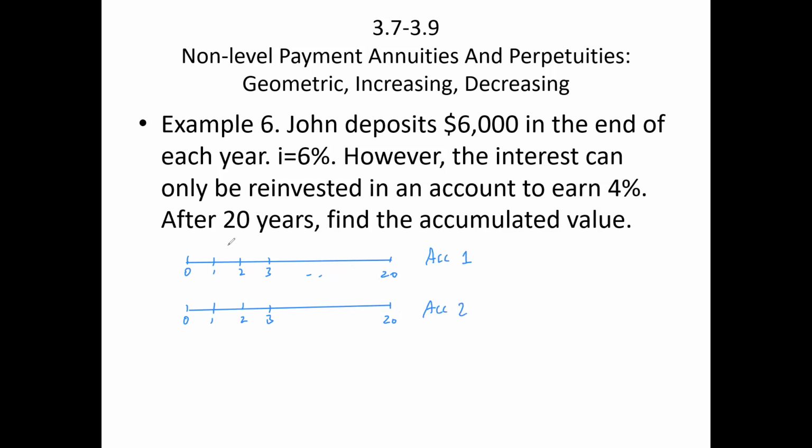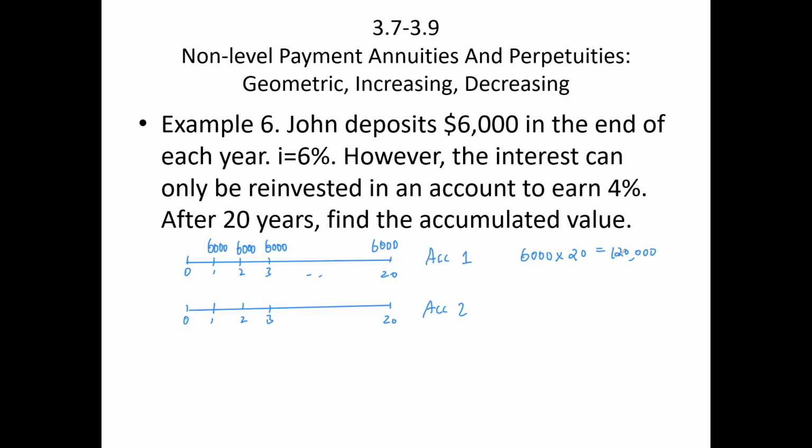In account 1, John deposits $6,000 at the end of each year. For this account, the interest is not included because interest is taken out and reinvested in another account, which earns 4%. So for account number 1, the accumulated value will be just 6,000 times 20, that's $120,000.